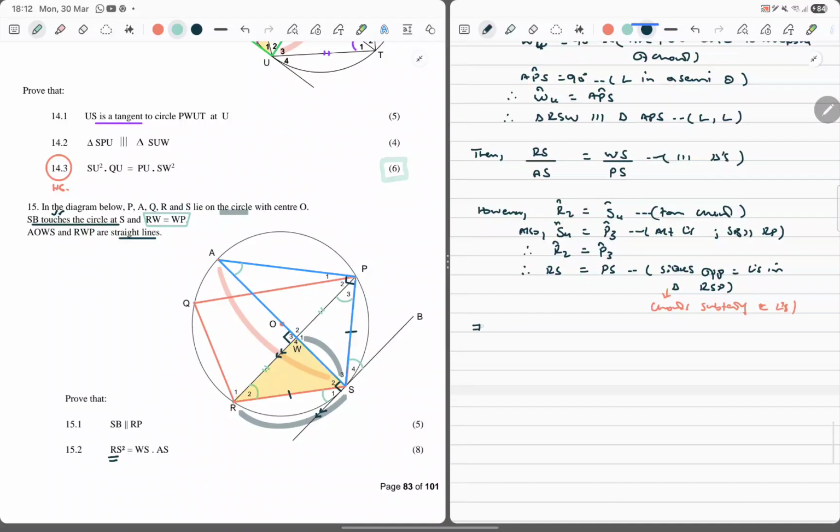We can say this implies that RS over AS is going to be equal to WS over, instead of this we put RS, cross multiply, we make a conclusion that indeed RS squared is going to be WS times AS.